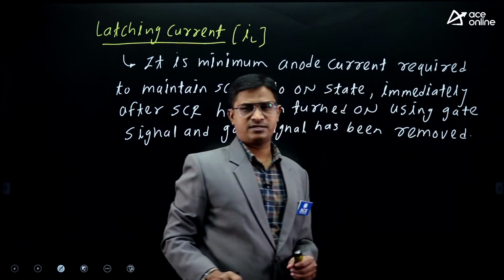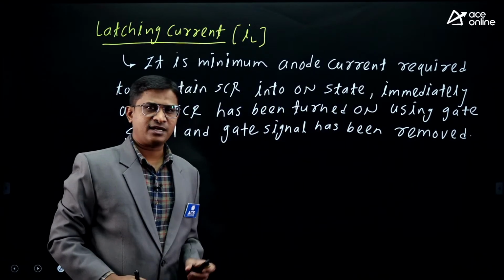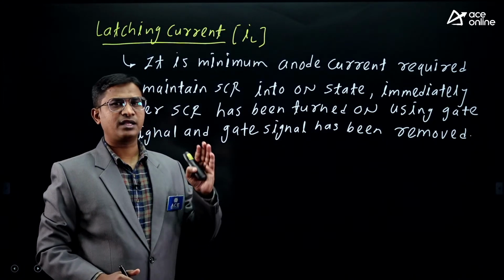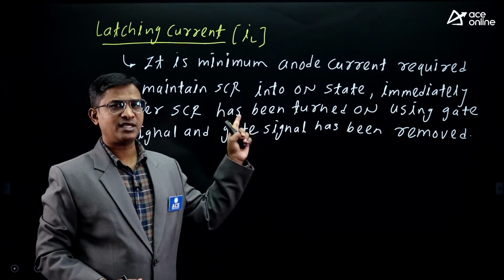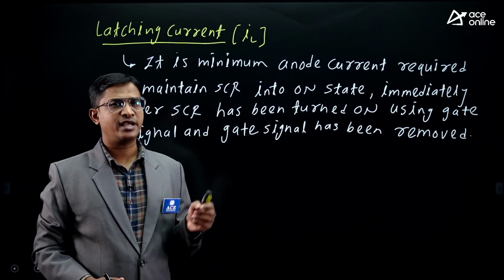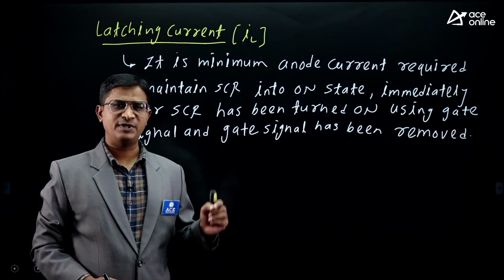Let us understand this. Latching current means it is the minimum anode current required to maintain SCR in the on state immediately after SCR has been turned on using the gate signal and the gate signal has been removed.